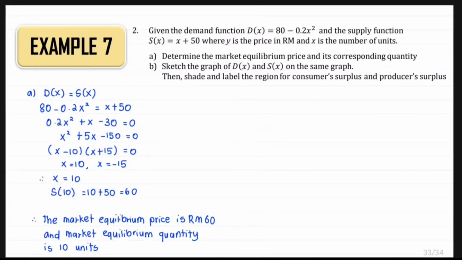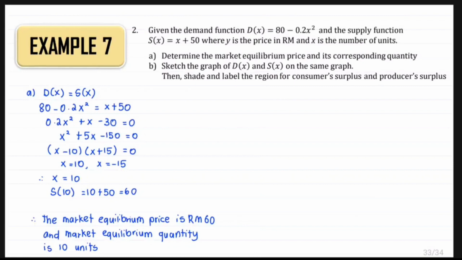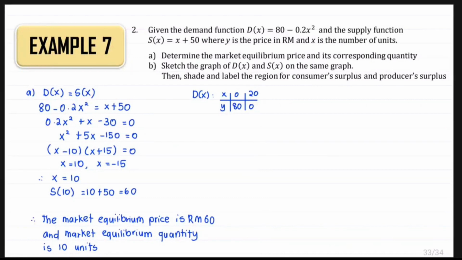Question B, sketch the graph of Dx and Sx on the same graph. Then, shade and label the region for consumer surplus and producer surplus. Okay, now we have function Dx as a quadratic function. So, we find the intercept and we find the intercept for function Sx.